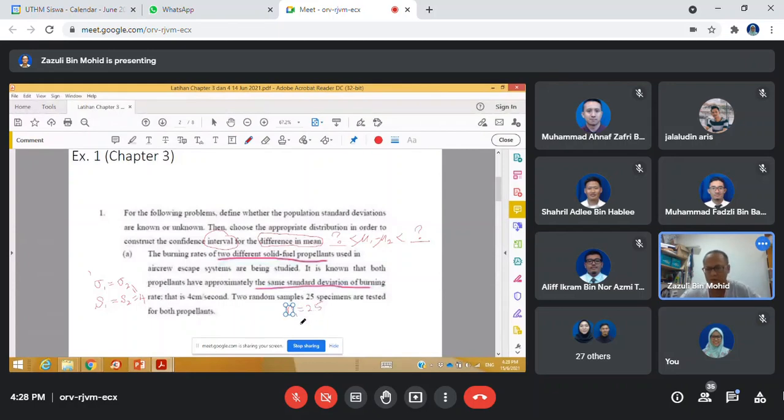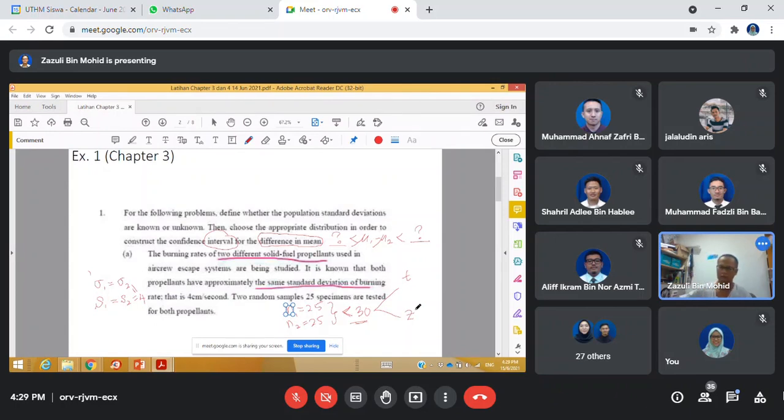N1 and N2, both of it 25. Kita ada both of it is less than 30. So this one is critical. When it's less than 30, there is a possibility of having the T distribution, also the Z distribution.